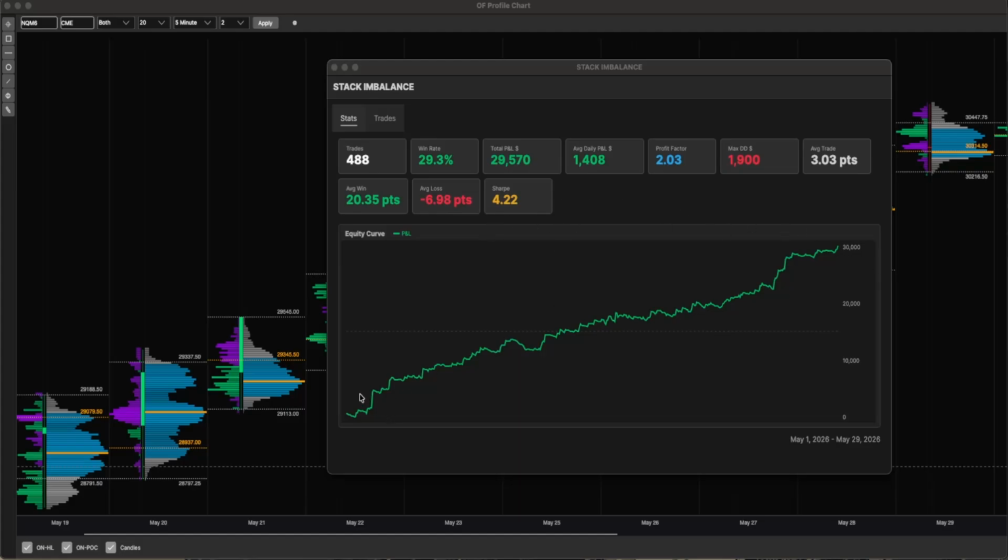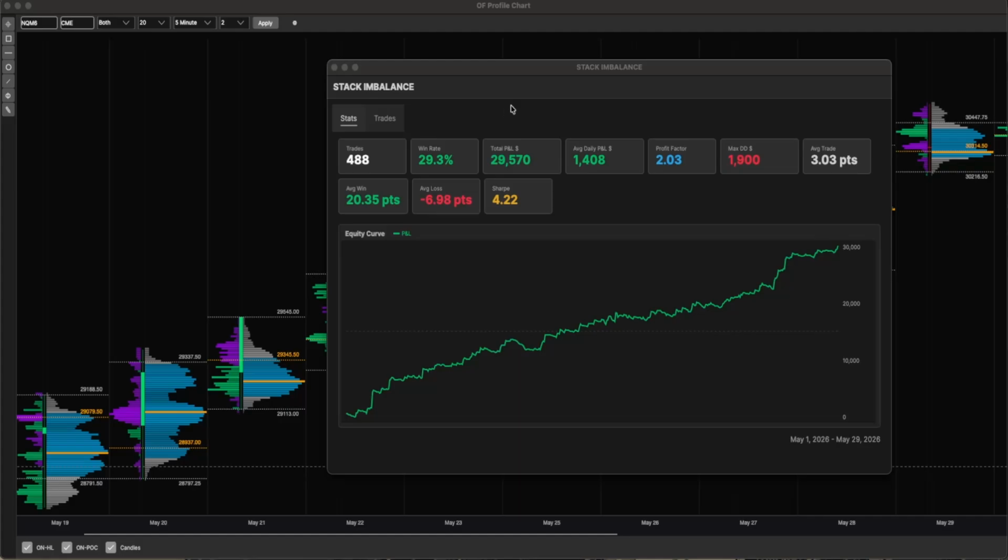As you can see right here on the equity curve, this is a custom platform that I built. I built my own backtesting engine because I've been a software engineer for over 15 years. So I built my own custom trading platform and my own custom backtesting engine.